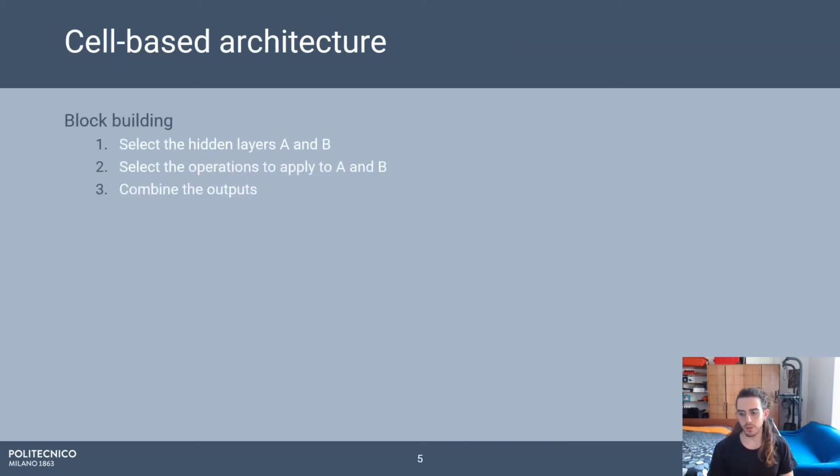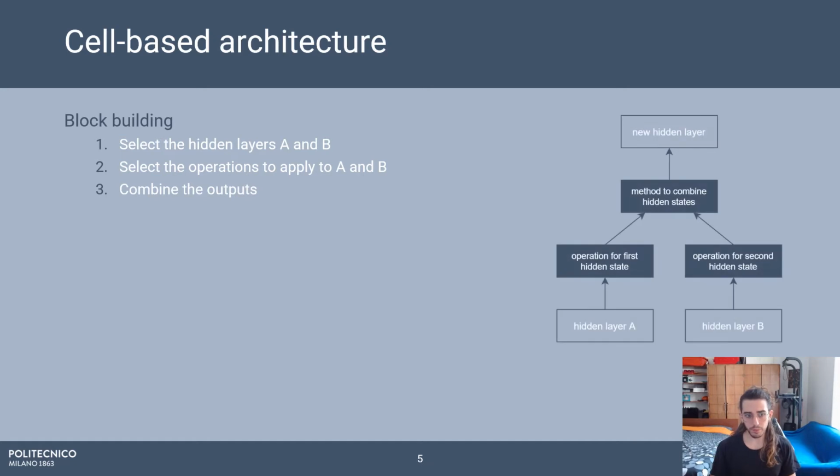So the idea is the following. We have cells that are composed by units that we call blocks. Each block is composed by two inputs that in our case come from the previous cell. Each input has an operation that has to be searched by our algorithm.